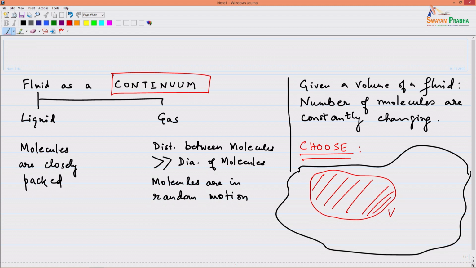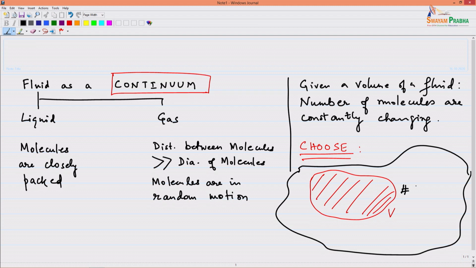And there is constant interchange of molecules in and out of this volume V, but the number of molecules inside the volume is nearly constant. So, although there is interchange of molecules, across the volume here the number of molecules is nearly constant.